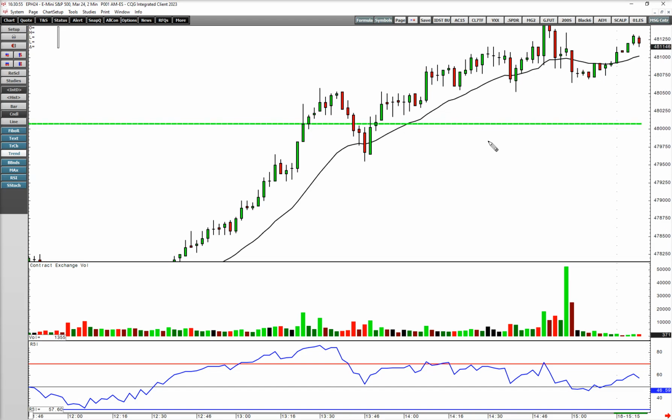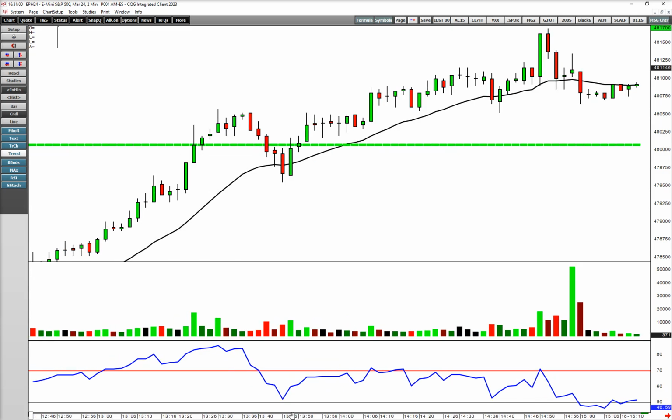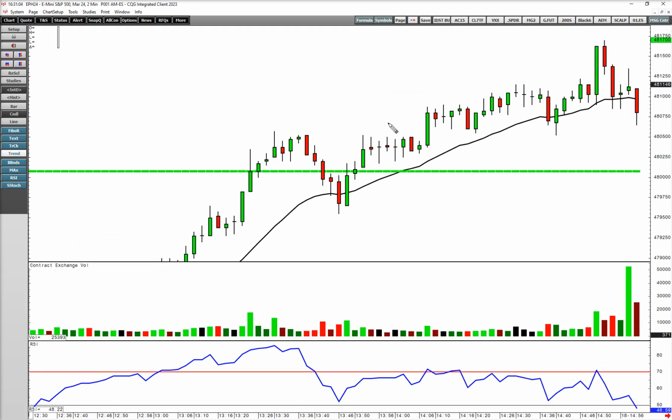So with that memory fresh in mind, I was eager to jump on the S&P. Usually you want to be on the leading market, but it almost seems like it's almost more certain to be on the lagging market here. Knowing that the Nasdaq played out well should be a good sign for the S&P to play out well.